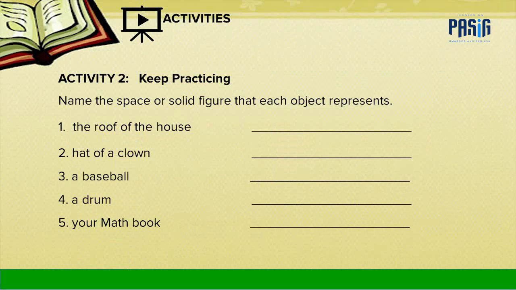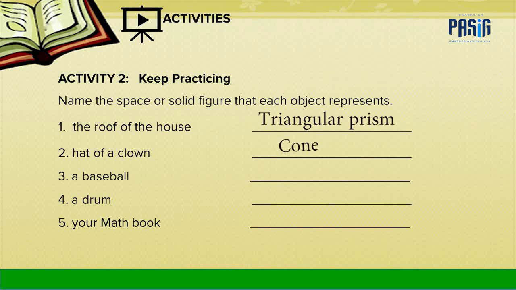Activity 2. Keep practicing. Name the space or solid figure that each object represents. Number 1. The roof of the house. Correct answer is triangular prism. Number 2. Hat of a clown. The correct answer is cone.